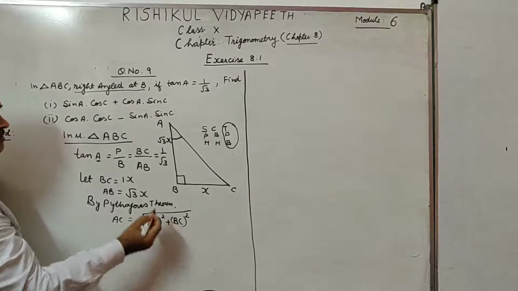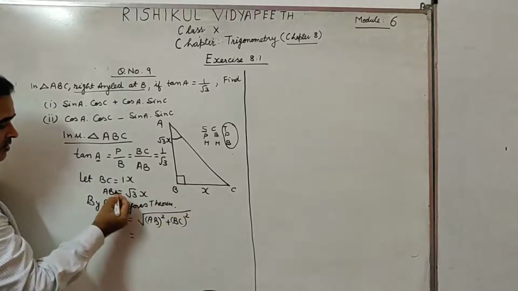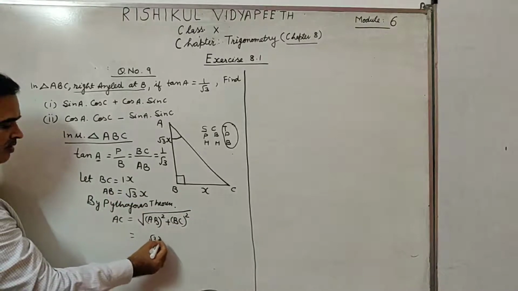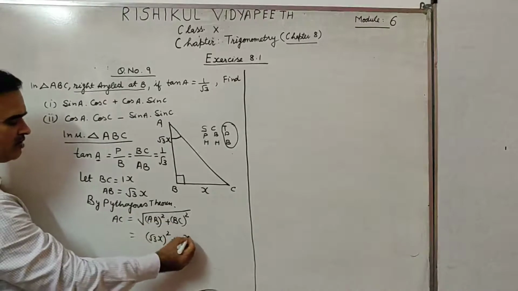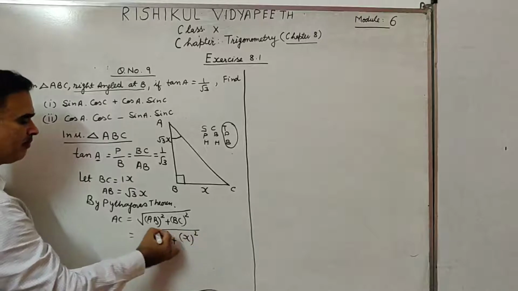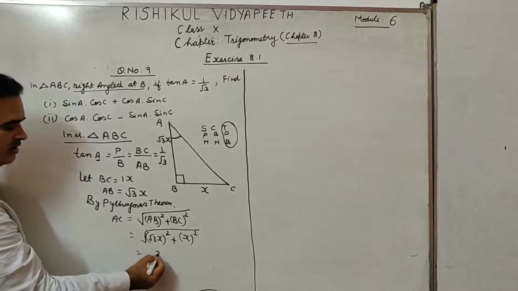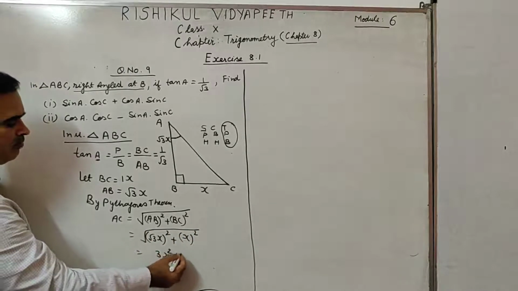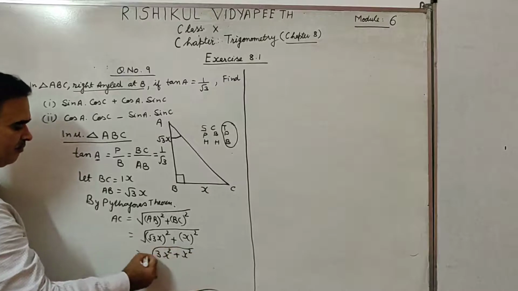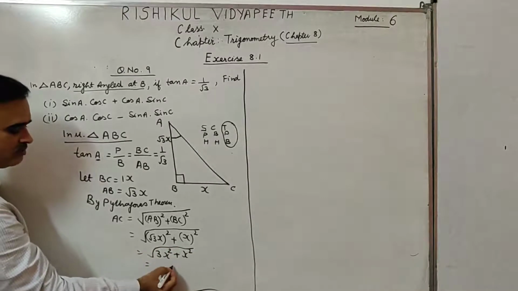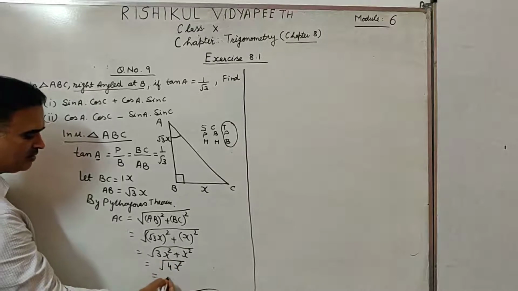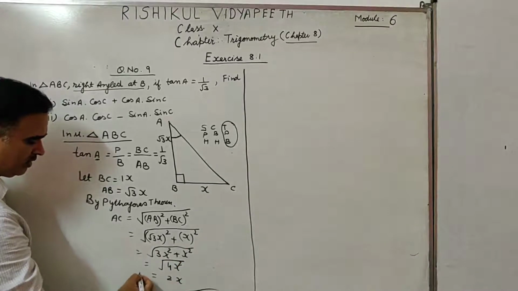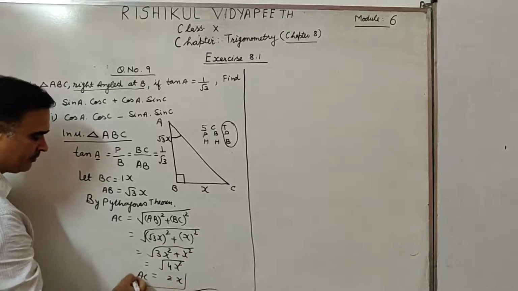AB is root 3 x whole square plus BC is x, or you can say 1x, whole square. Root 3 squared is 3, so it is 3x square plus x square. What does it become? 3x square plus x square is 4x square, and if you take the root of this, it is 2x. Then AC is 2x.